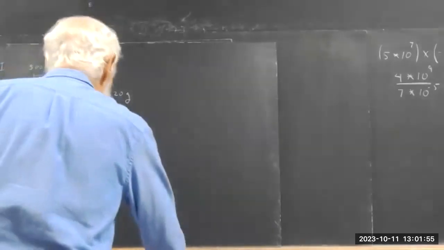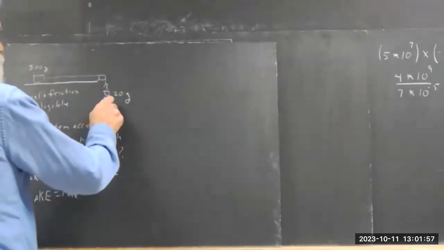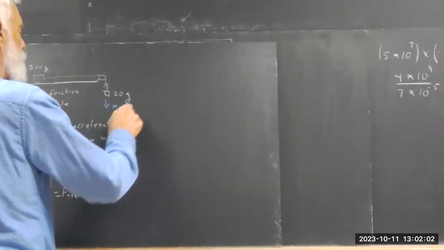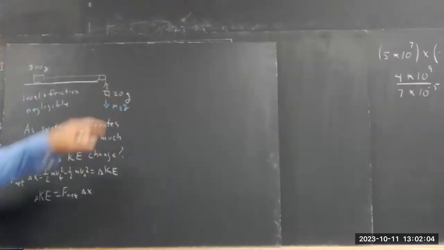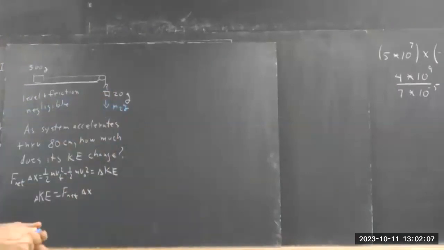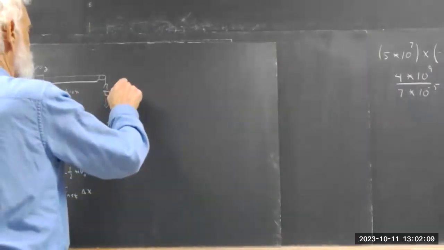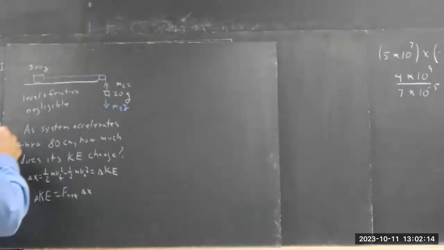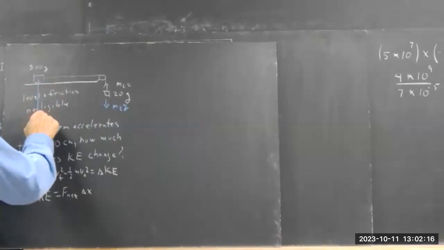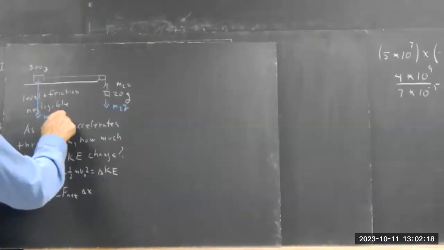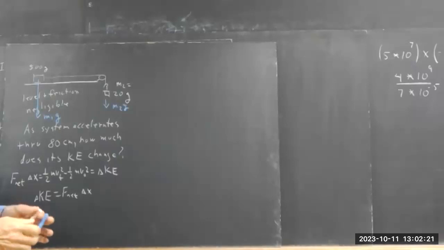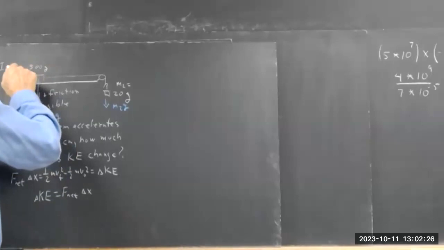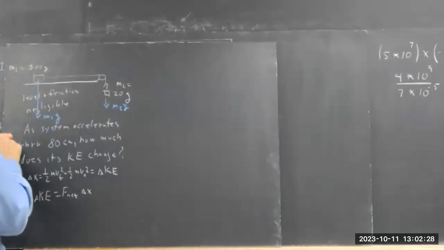Okay, now just to put a few arrows here, we have all this M2G, where M2 is implicitly 20 grams, so we'll just be explicit about that. M2 is 20 grams. Then you're going to have M1G downward, and this is M1.